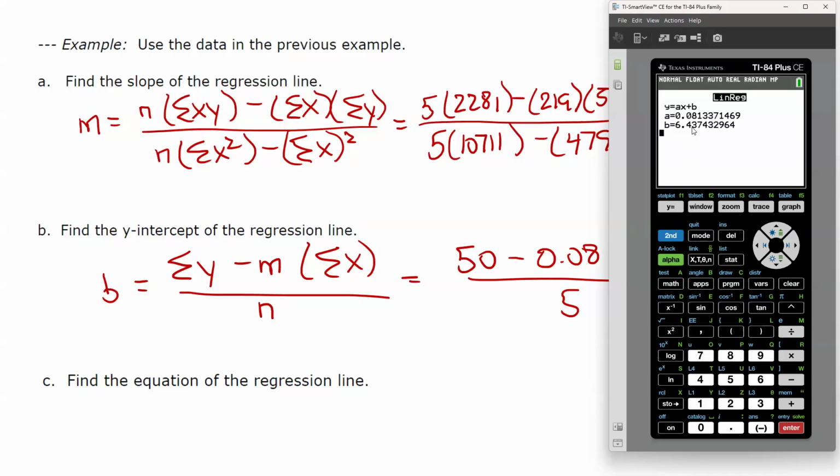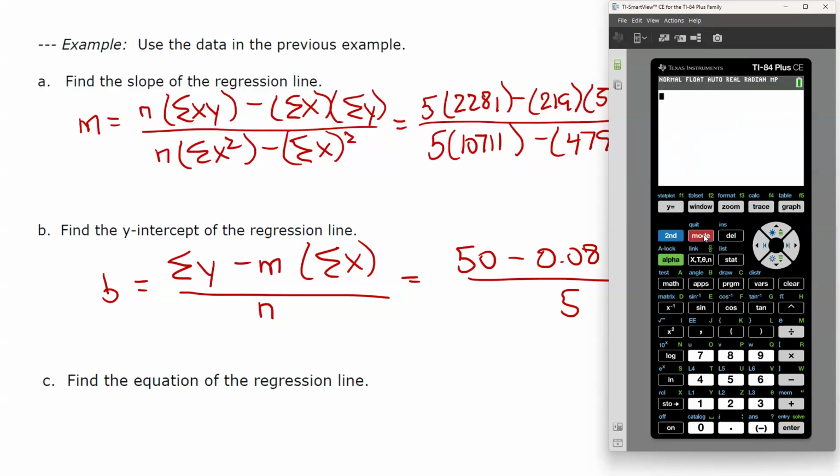So you can use either one, 6.5 or 6.44. Okay. Now in this screen, we also can get our correlation coefficient, but in order to do that, we need to activate the diagnostic. So I'm going to run through those steps.